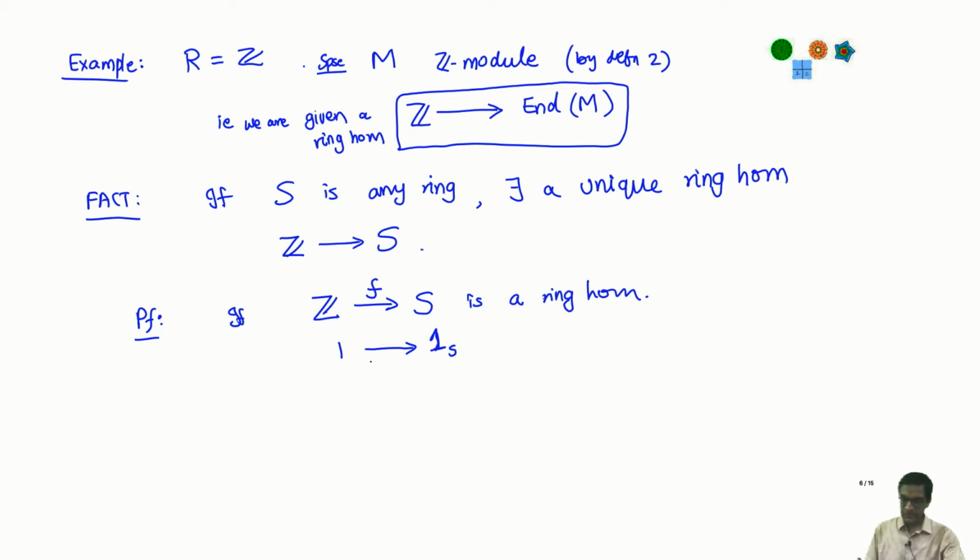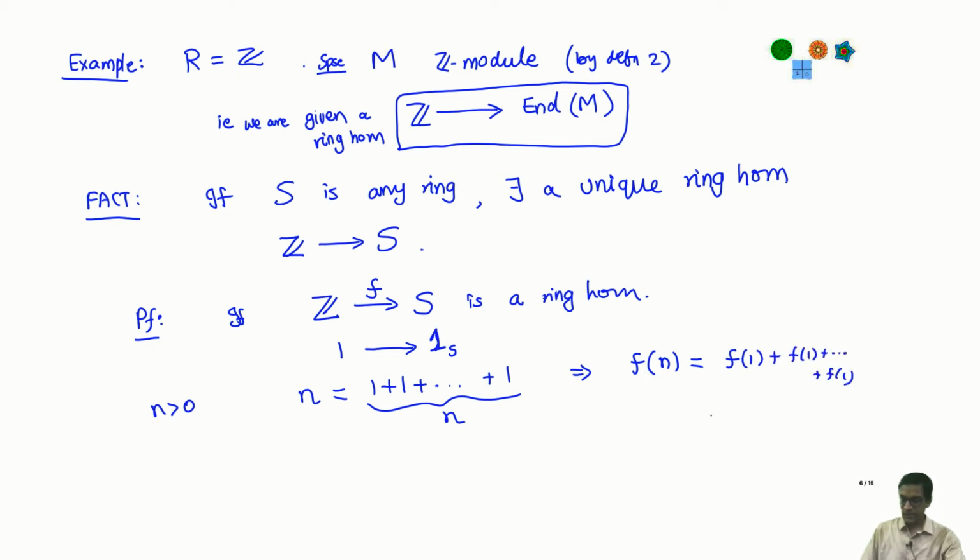But as we have seen before, this is the calculation we did earlier: if you know what 1 maps to, then more or less everything is fixed. Why? Because any other number n is just 1 plus 1 plus 1 so many times. Suppose n is positive, then I can write n as 1 plus 1 plus 1 so many times, which means that this homomorphism F must map f of n to f of 1 plus f of 1 plus f of 1 so many times.